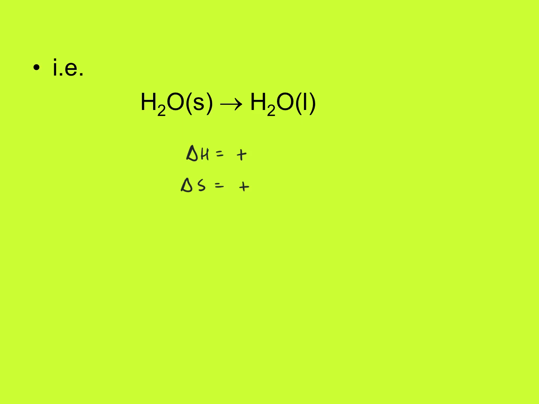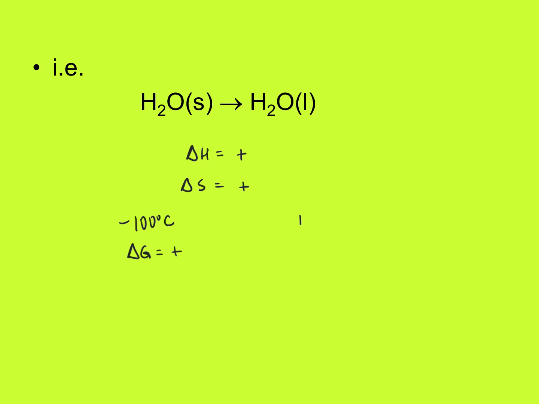Now, if you think about this, at a lower temperature, let's say negative 100 degrees Celsius, the process, delta G, doesn't happen. It doesn't happen when the temperature is too cold. Ice does not melt into liquid, so delta G would be positive.